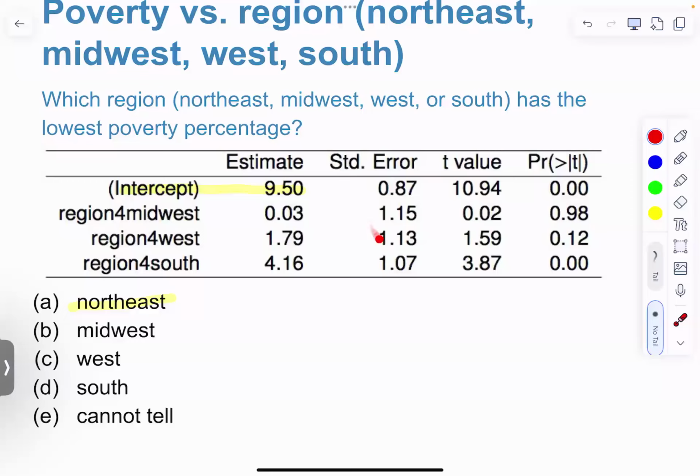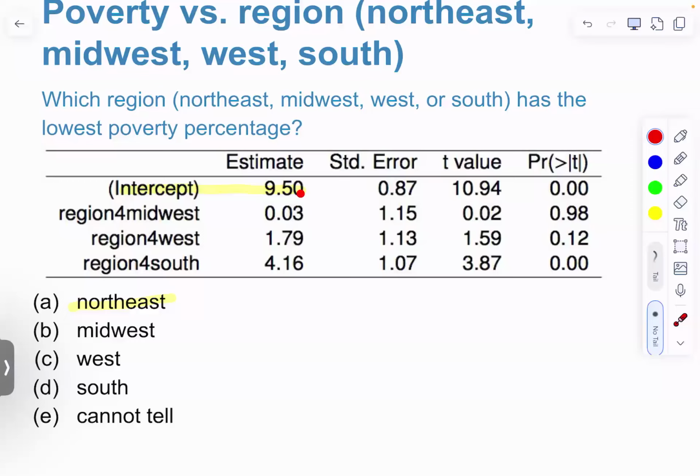And I know what you're thinking. These look kind of familiar, right? It's part of our output, and they are the standard error of our estimate. We can get a t-value, which is your estimate minus your hypothesized value, how far it is from some hypothesized value, divided by the standard error of the estimate.